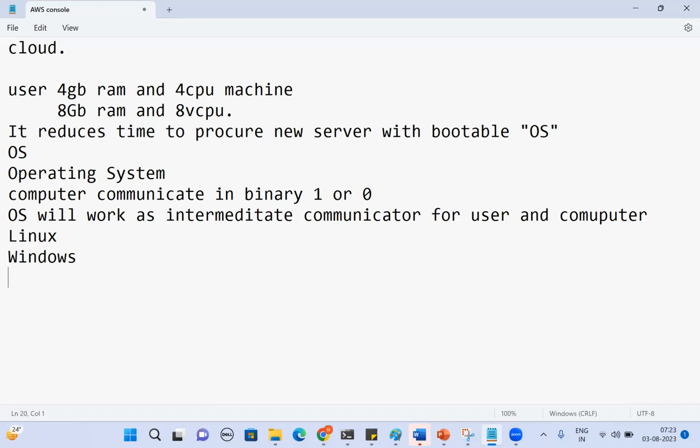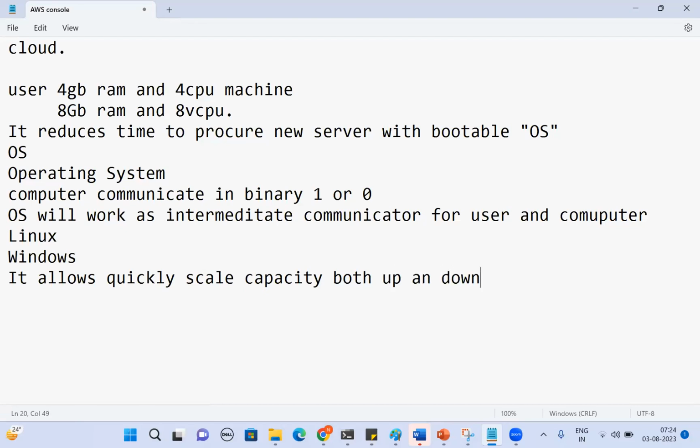And the next point is it allows you to quickly scale capacity, as we discussed before, both up and down. What is this up and down? We know scale up means we can increase the CPU and the RAM, as the trainer suggested. Scale down means, suppose for some reason your work has been done and you feel there is no more use of this high configuration.